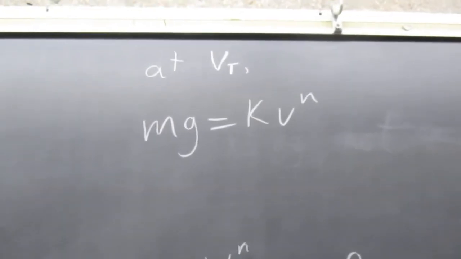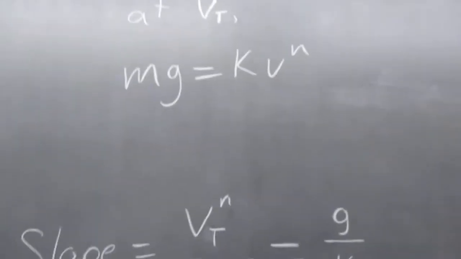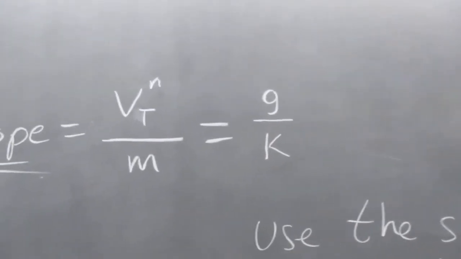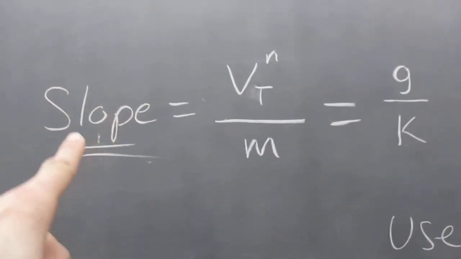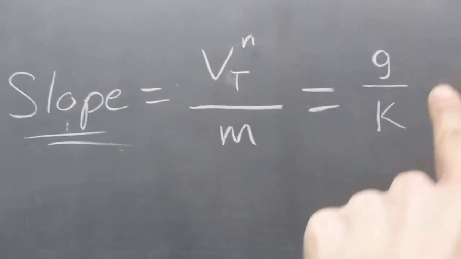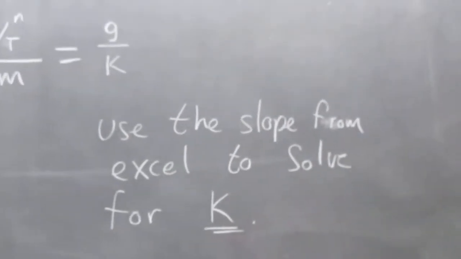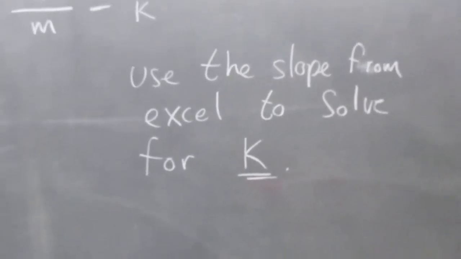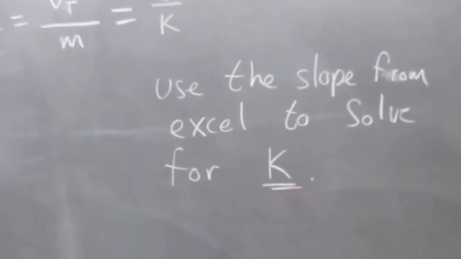Since we know that v over m equals g over k, we can use our value of our slope from Excel, plug that in, set that equal to g over k, and solve for k. So you know your slope, you know g, and then you solve for k one time using your slope, as opposed to solving it for each individual trial separately.